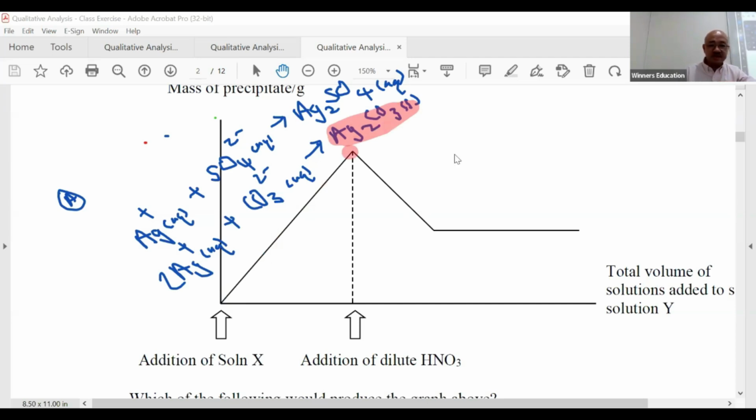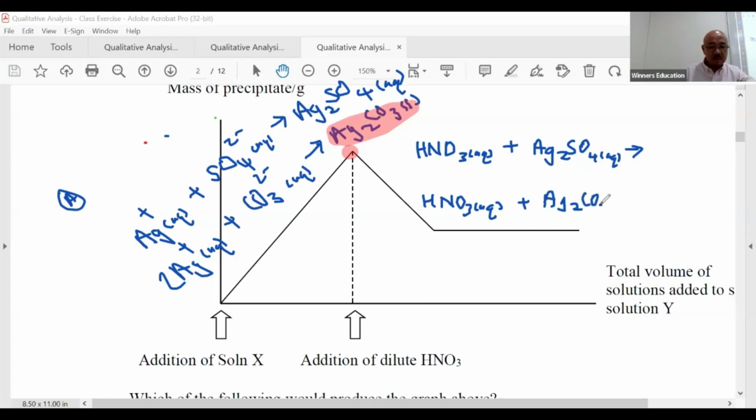It is when I add nitric acid that it starts to become wrong. So you ask yourself, nitric acid, when I add, what did it do to the two salts? Is there a reaction? And the second one, is there a reaction? I'm just following the sequence.